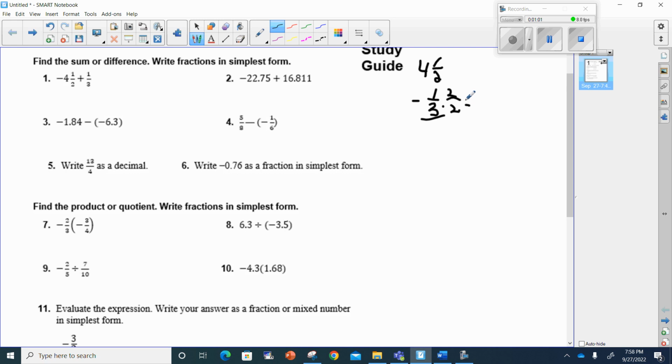And that's going to give me a negative, or subtracting, 2/6. Now I'm going to multiply this by 3/3.